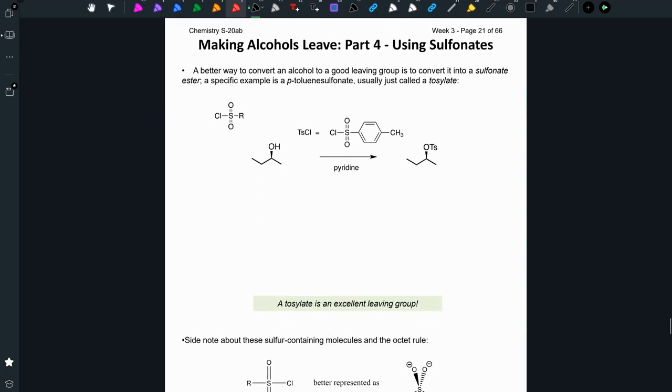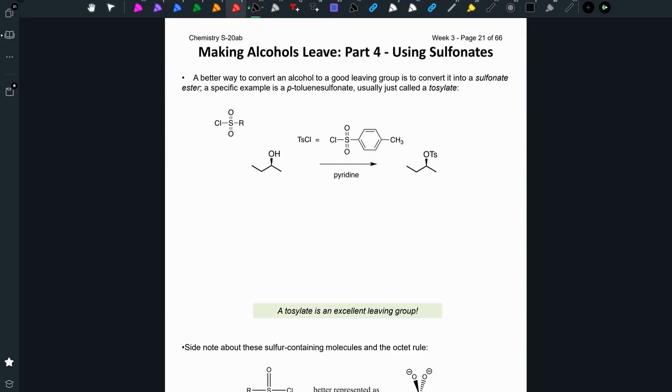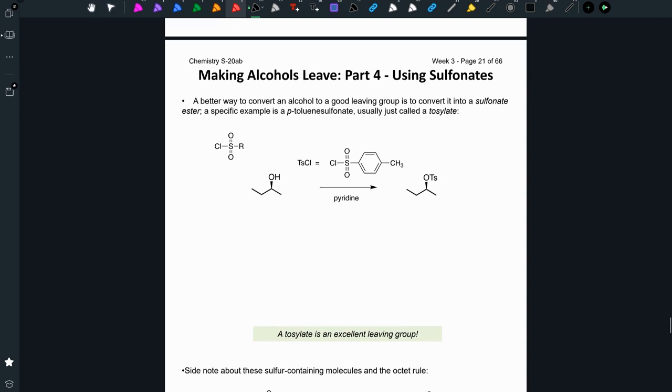One more possibility is we can convert the alcohol into what we call a sulfonate ester. These sulfonates are also good leaving groups. Okay. One common one is tosylate. So we use this thing called tosyl chloride.